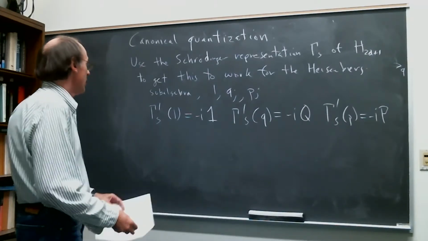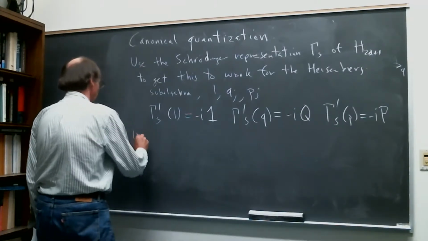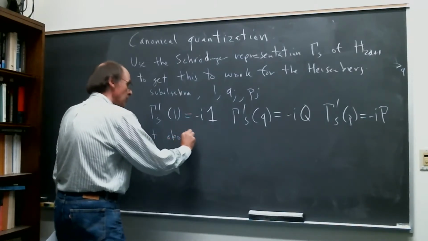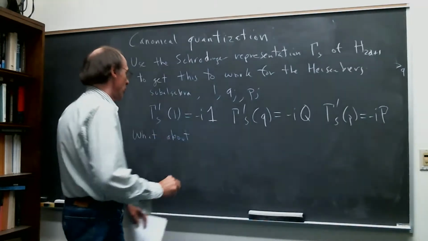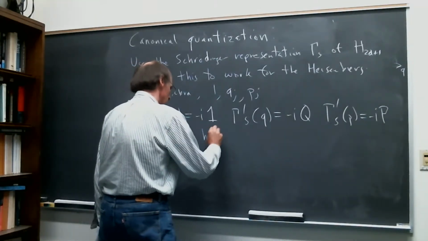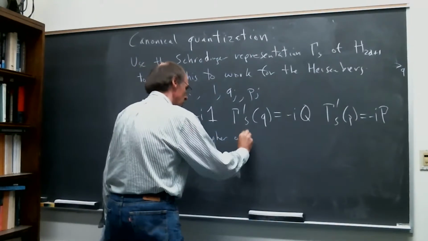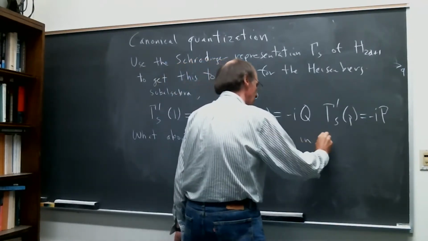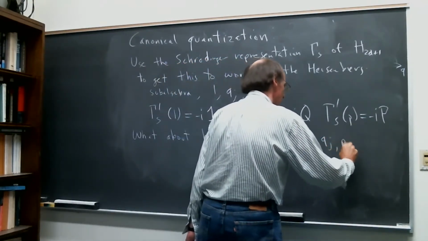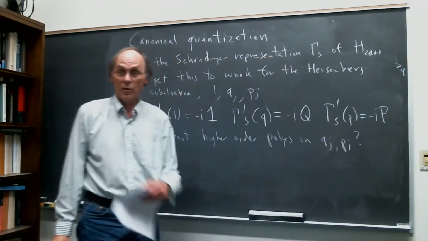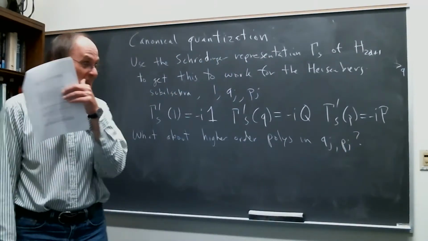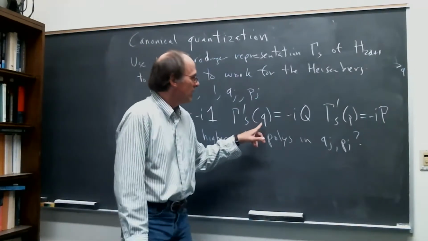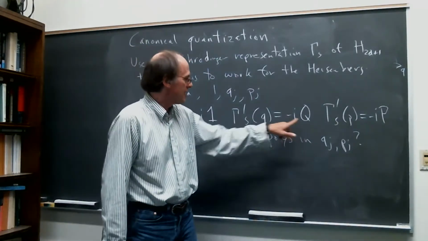Okay, so now the problem is, what about higher order polynomials in QJ and PJ? The problem is that these things don't commute.